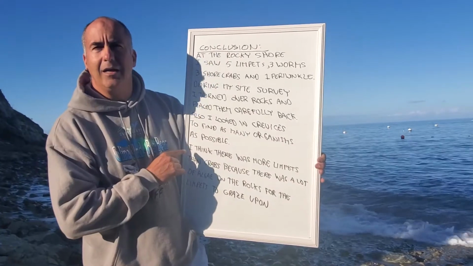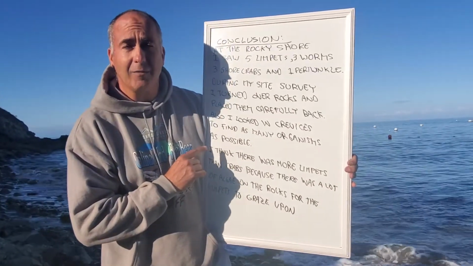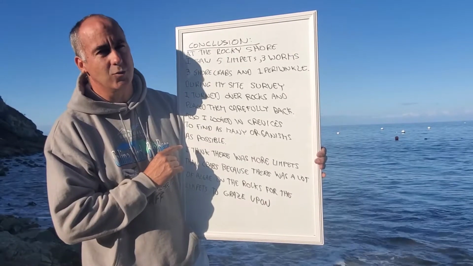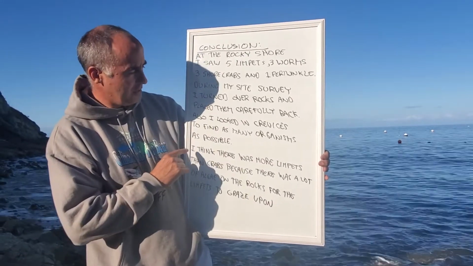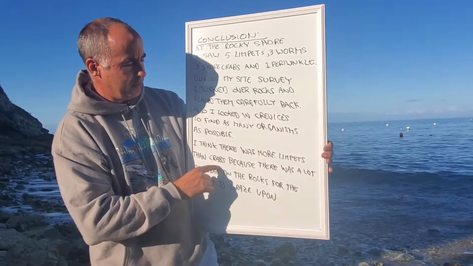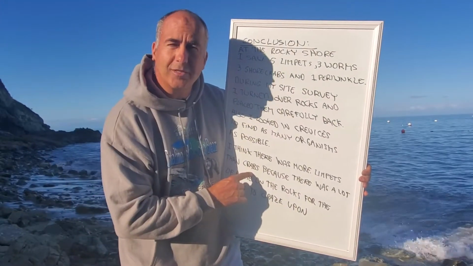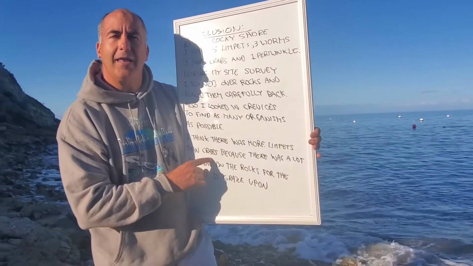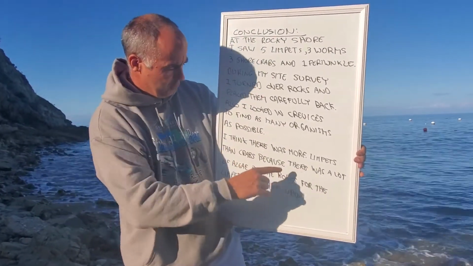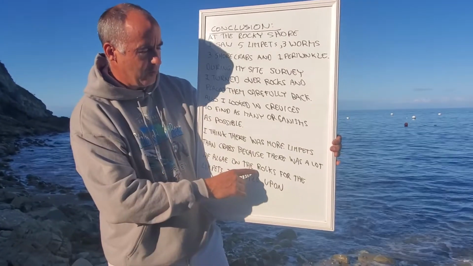Here, in my theory, I am saying that I think my hypothesis is wrong because there were more limpets than crabs, and then I give a reason. What's the reason for that theory? Because there was a lot of algae on the rocks.